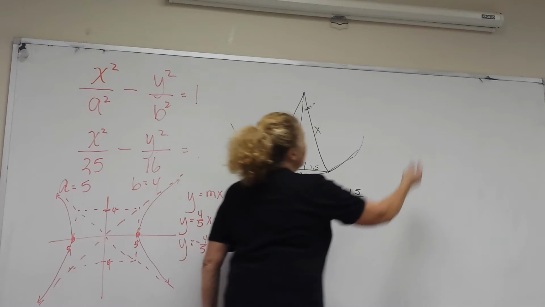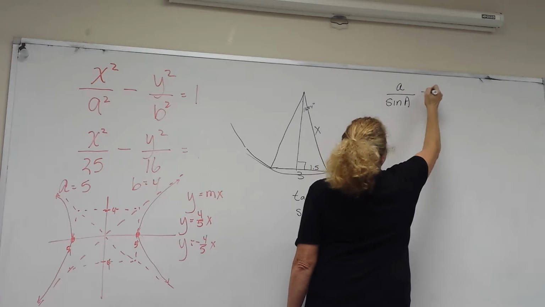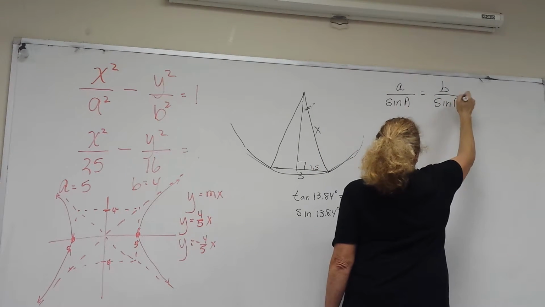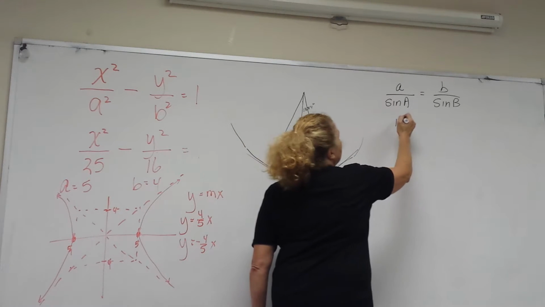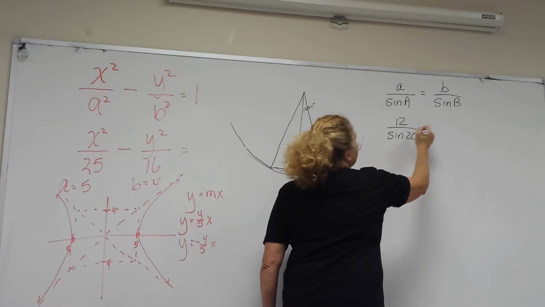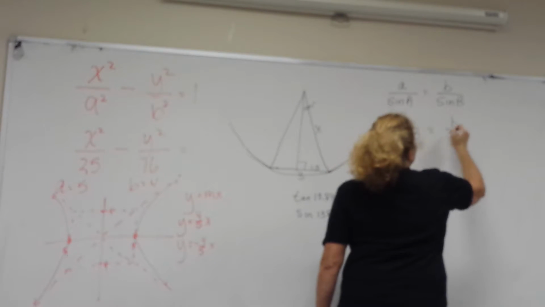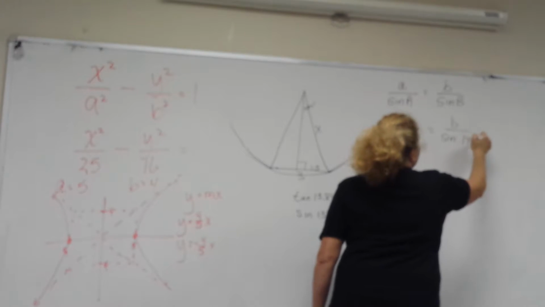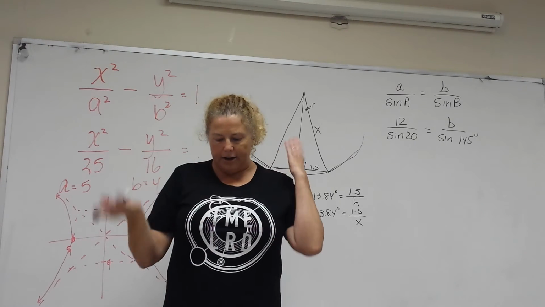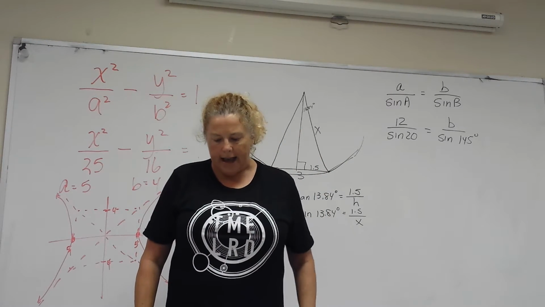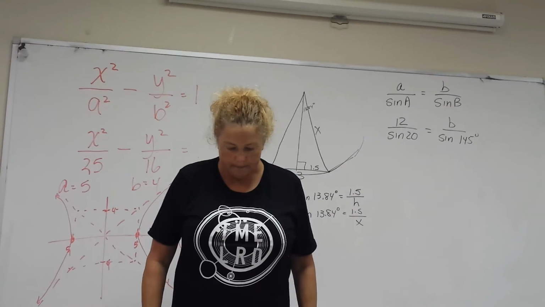Law of sines is A over the sine of A equals B over the sine of B. So you first take the pair, you would have 12 over the sine of 20 equals, and you're looking for B over the sine of 145. That should give you B. And then you could just find C by adding your two angles and subtracting from 180. And then once you have C, use the law of sines again and solve for C.